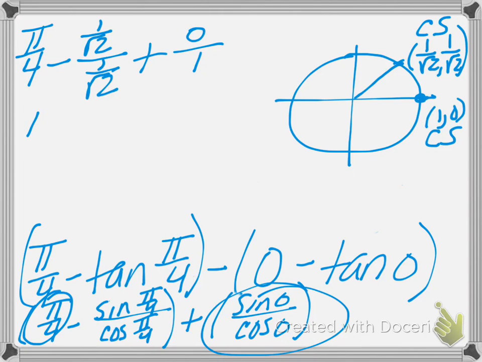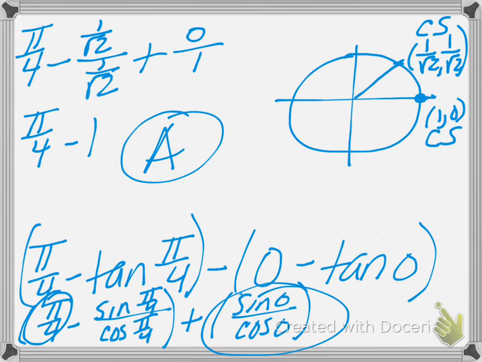So let's simplify. So we have pi over 4 minus, well, 1 over radical 2 over 1 over radical 2. Whenever it's the same in the numerator and the denominator, it's equal to 1. And 0 over 1 is just equal to 0. So if you look at all your choices, choice A is pi over 4 minus 1. And we have one more to go.